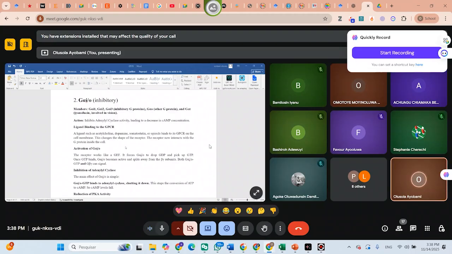So let's see what happens in G-alpha I/O. We start from ligand binding. That one is common to them all. An agonist is going to bind, then activate the G-alpha I/O. So what happens when the G-alpha I/O is activated? This one is common to all of them. So who can tell us what happens next if we have an agonist bind to the N terminal? The receptor becomes activated, then changes conformation.